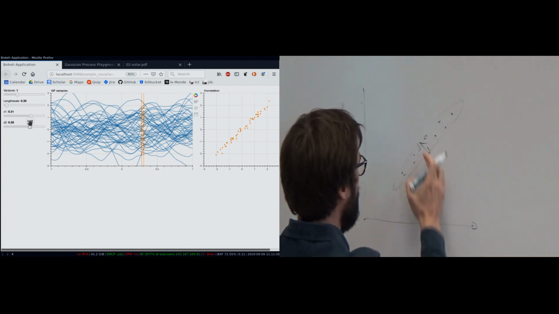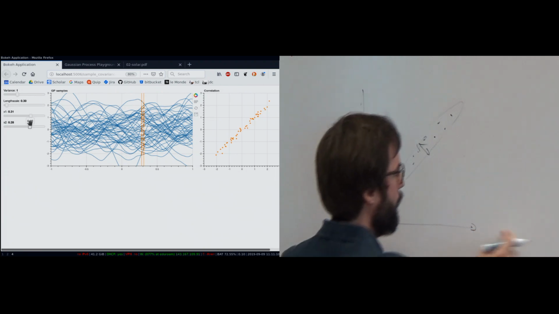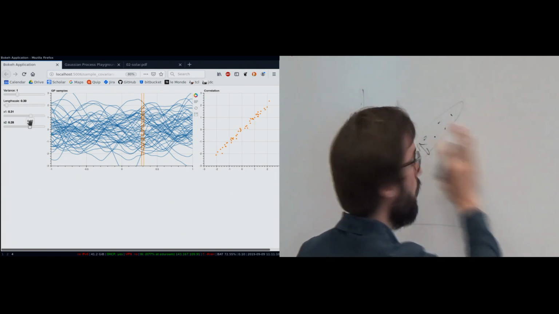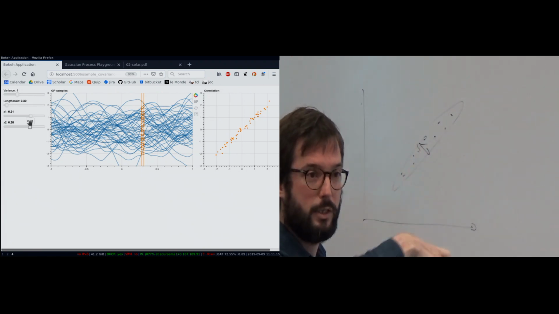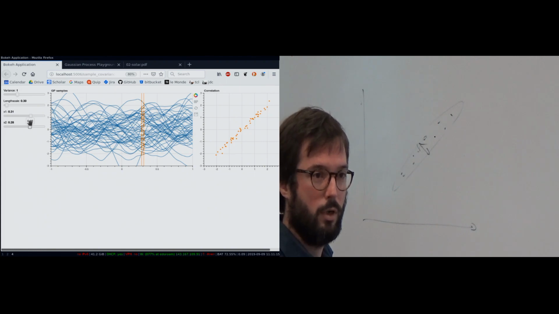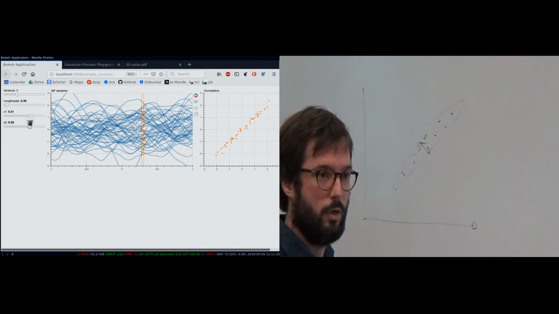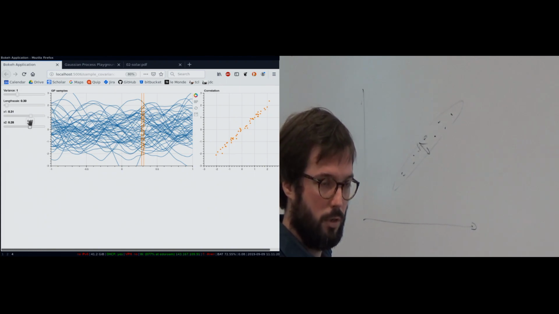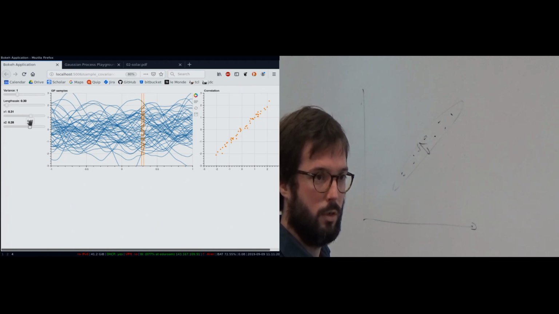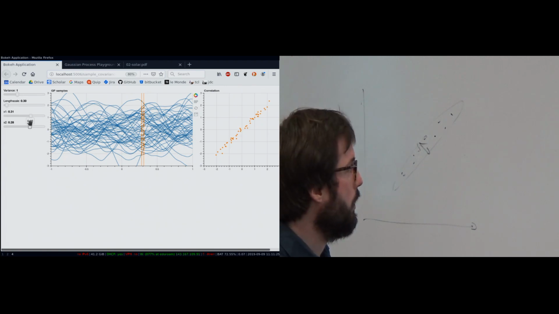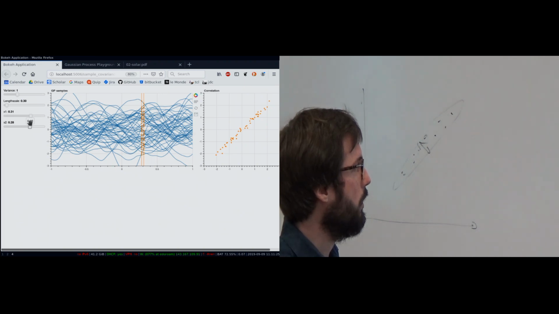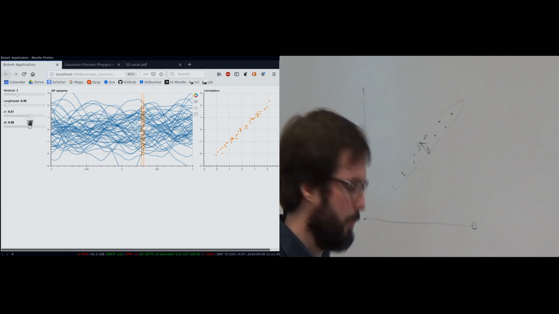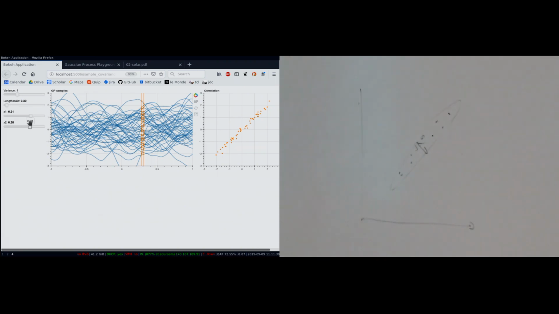If I keep the same correlation but increase the variance of one of the variables, this is going to affect the slope. And in the kernel that you use to generate the Gaussian processes, where are these constants? I'll come back to that later, but maybe I can answer now.